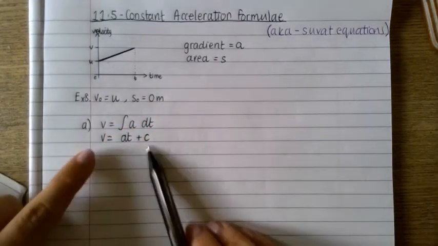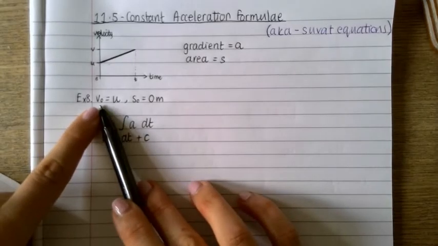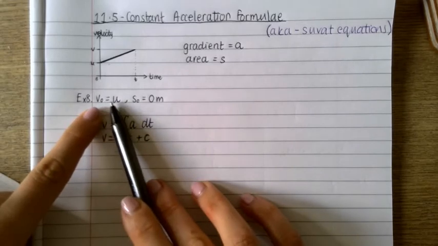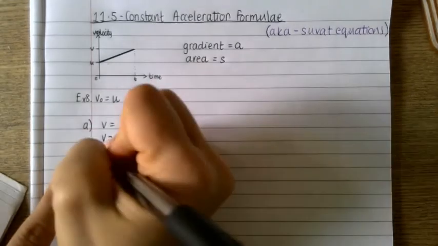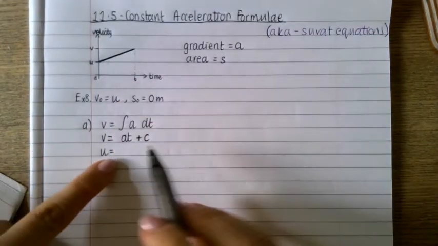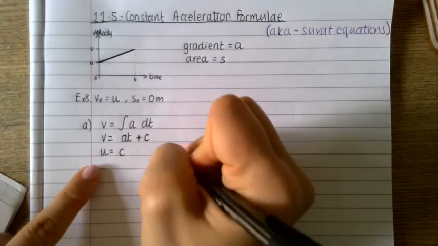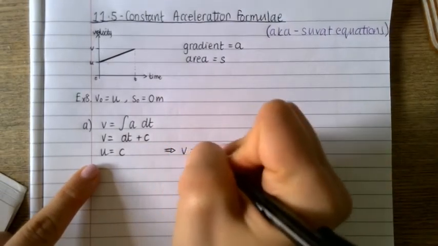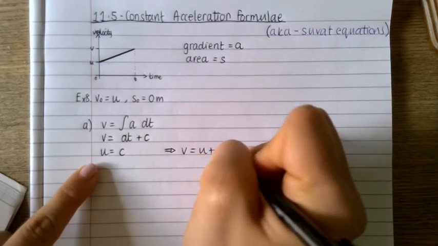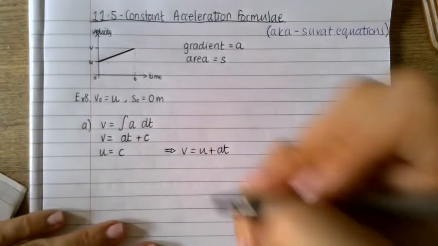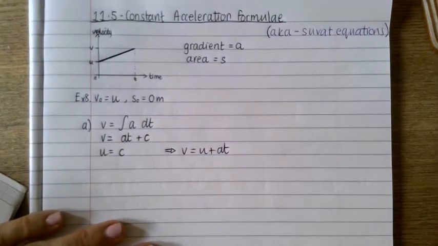Then we're going to use the information given in the question that the initial velocity is u. So when t equals 0, v is u. So when t equals 0, so this term is 0, v is u. So the constant of integration c is u. So from this, we can say that v equals u plus at. So we've derived that equation now using calculus.